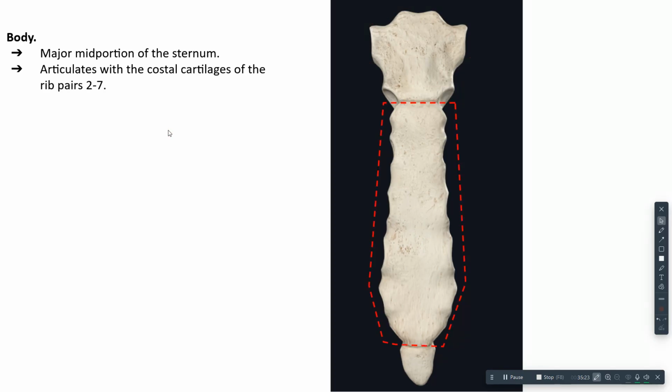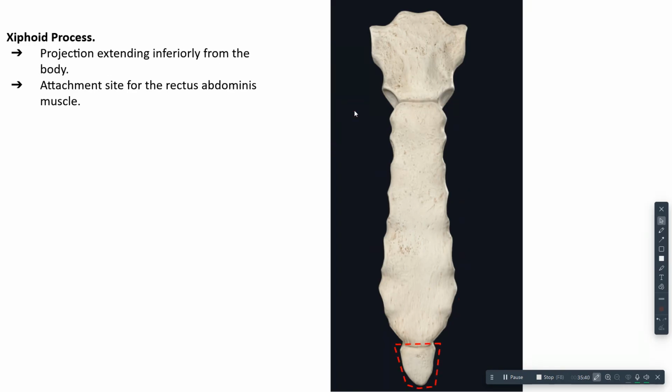The big middle part is called the body. Costal cartilages of ribs 2 through 7 come in here. As the body, muscles will attach here as well. The bottom part, the inferior projection, is called the xiphoid process.